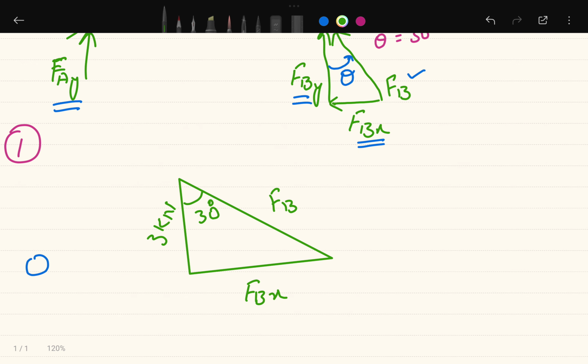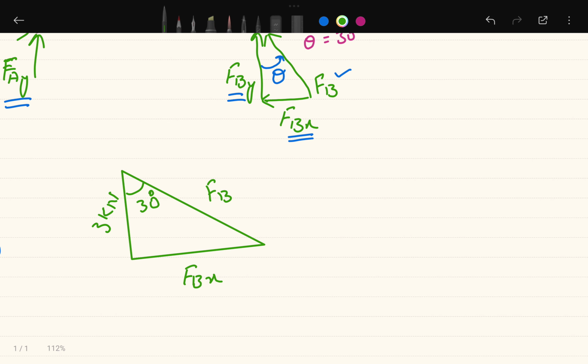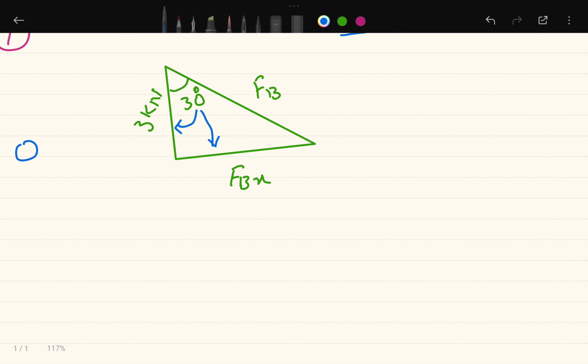Now we can actually find out the FBX using the trigonometric ratio. So keep in mind that whatever angle you are using, this will be perpendicular and then this will be base. So perpendicular is FBX, base is 3. Whatever trigonometric ratio is involving both base and perpendicular, we have only two trigonometric ratios.